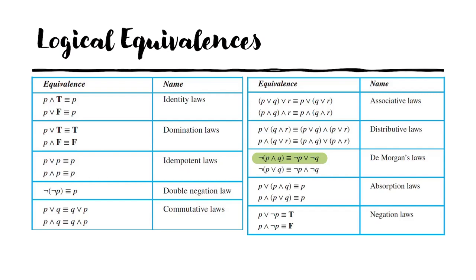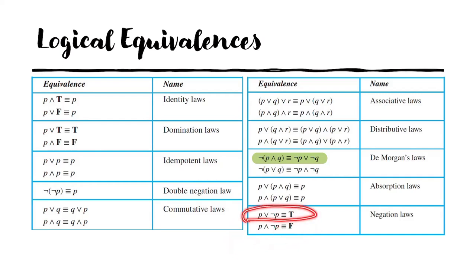And the last one you will see is the negation law. When you have P or not P, this is always true. This is the example I gave you earlier for the tautology and the contradiction. So P or not P is always true, and P and not P is always false.